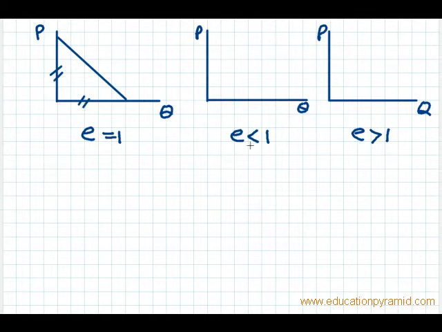When elasticity is less than 1, it means quantity demanded is less responsive to change in price. And when it is greater than 1, it means quantity demanded is more responsive towards the change in price. Here I am assuming the price as a factor.